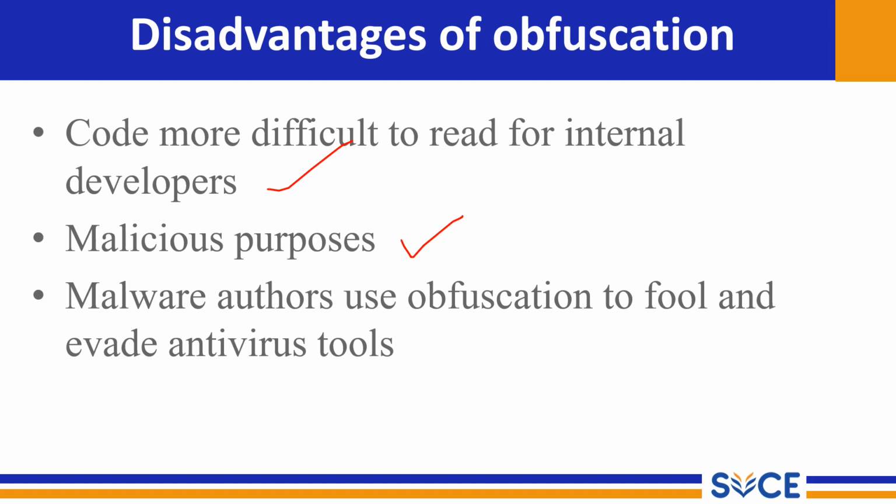And next, malware authors use obfuscation to fool and evade antivirus tools and other cybersecurity programs that rely heavily on threat signatures to identify threats. These programs typically interpret the code and scan it for specific features that indicate if the program is malicious. Okay, and threat actors might use some deobfuscation techniques to undo the obfuscation.